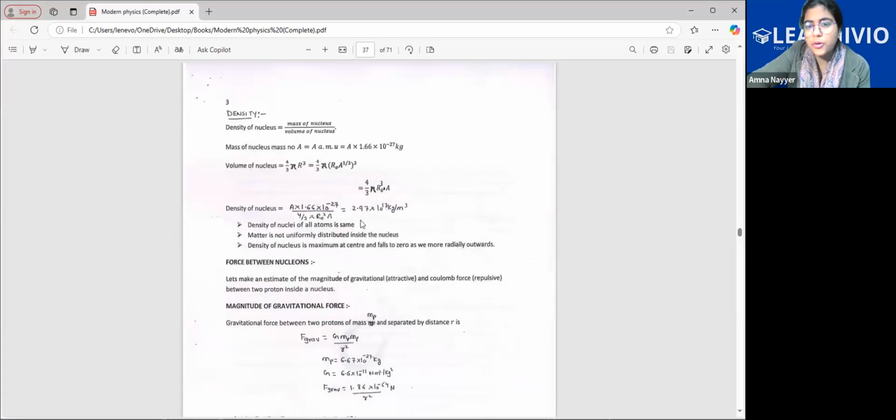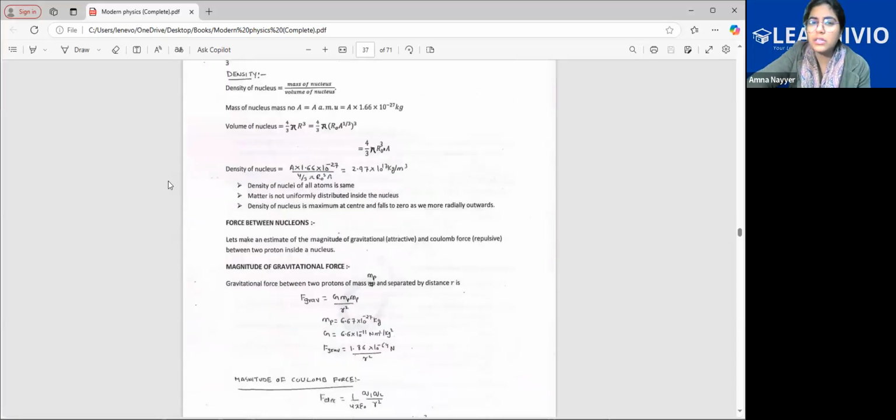So this is 2.97 into 10 to the power 17. 2.3 is also written sometimes. 2.97 is also there. So just follow 2.3, your answer will be done. 2.3, 2.97 is sometimes written in some books. So 3 is never written. So this is the value of the constant.